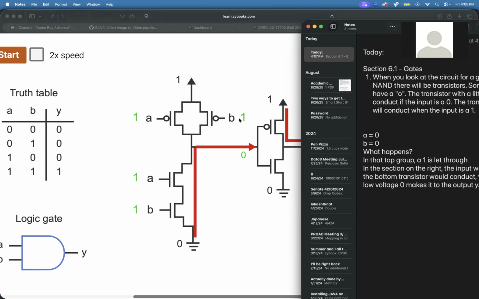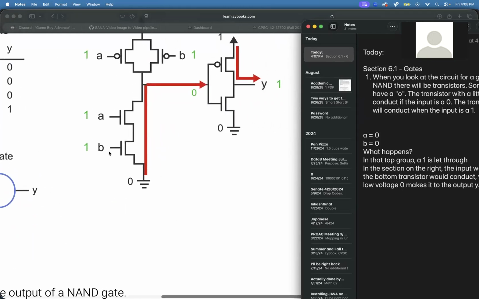If B is one, this does not conduct because it's got the circle on it. So this entire top section does not conduct. But if you look at the bottom section here, if A is one and B is one, then because B is one, this conducts. Because A is one, this conducts. So the zero makes it through this section and ends up here.